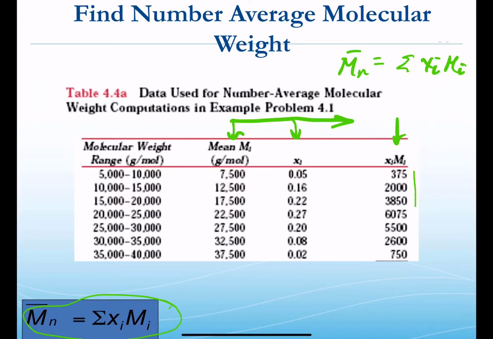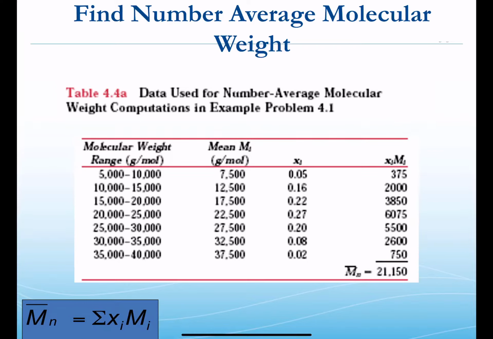So all we're going to do is sum all of these up, and we're going to get our Mn average. Okay, so in doing that, we end up with 21,150 grams per mole for the value there. Okay, so here's our Mn value.